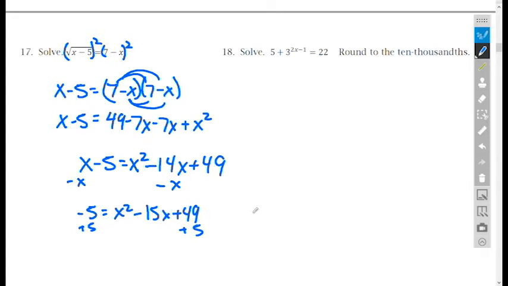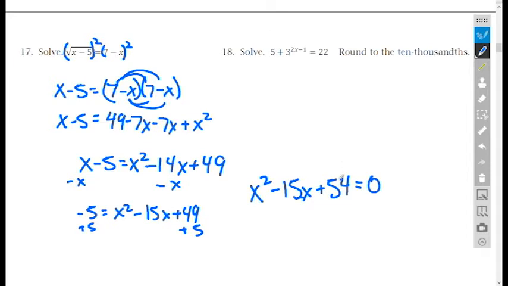So I have my equation becomes x squared minus 15x plus 54 is equal to 0.